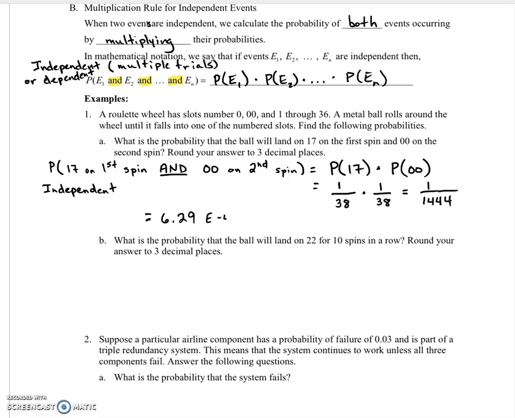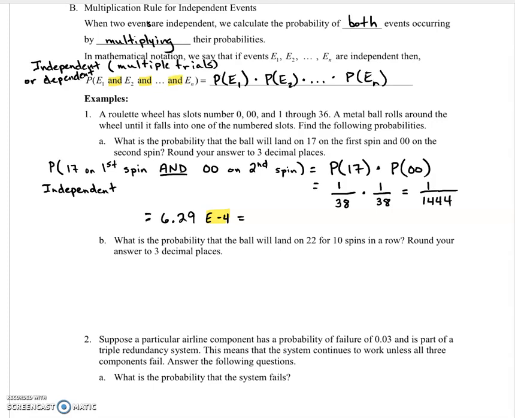This e to the minus 4 is how the calculator displays scientific notation. When we look at the e, if it's a negative number, we move the decimal point left that number of spaces. If it's positive, we would move it right that number of spaces.